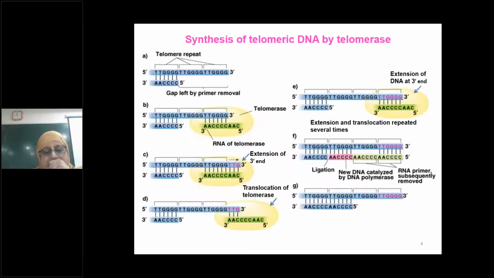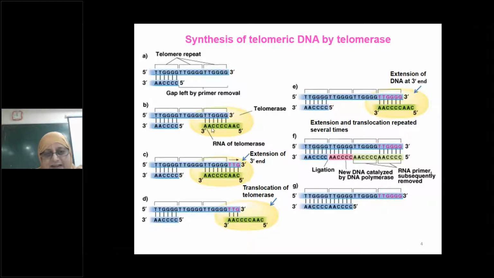So we will see here in the figure. This is the gap that is left by the removal of the primer, and this problem is being overcome by the telomerase enzyme. This telomerase enzyme has an RNA which provides the primer. You can see the sequence here: T, T, G, G, G, and G. The sequence in the RNA primer in the telomerase is complementary to the sequence in this strand.